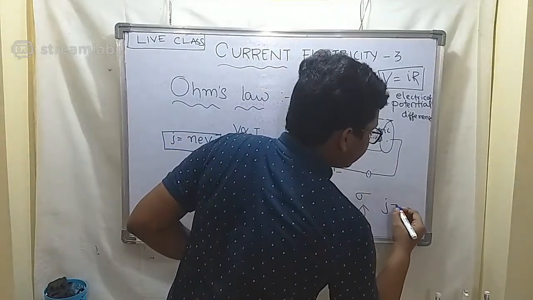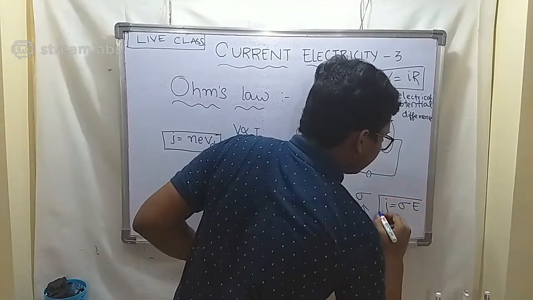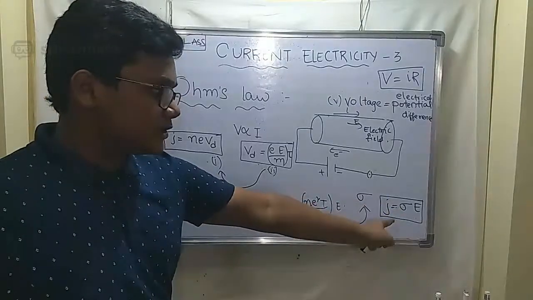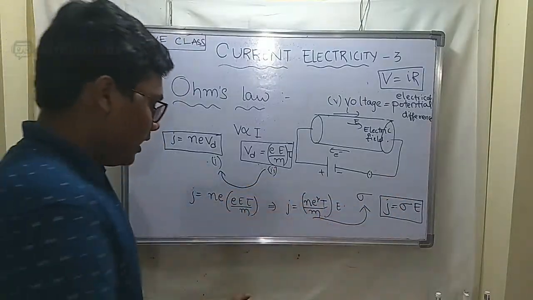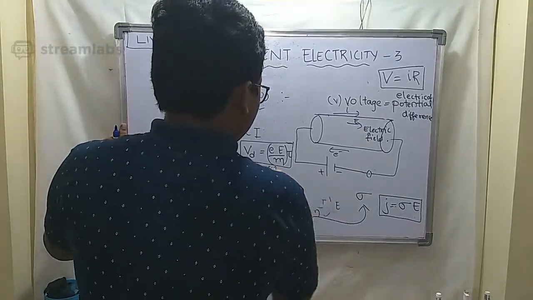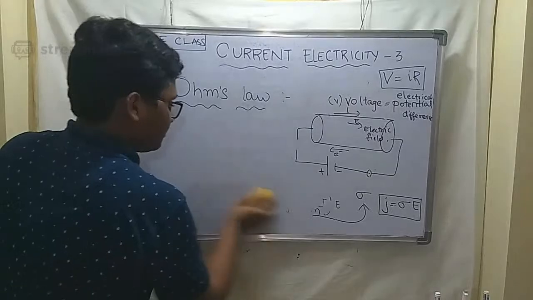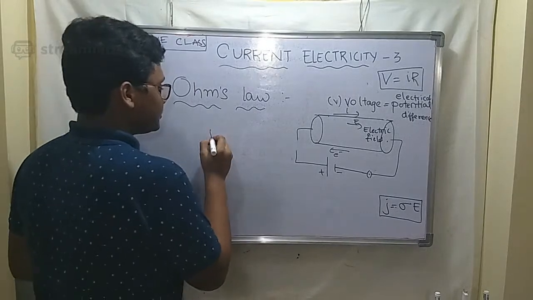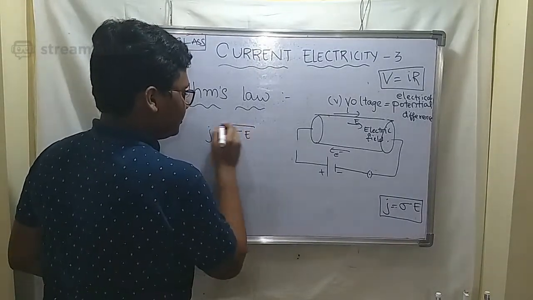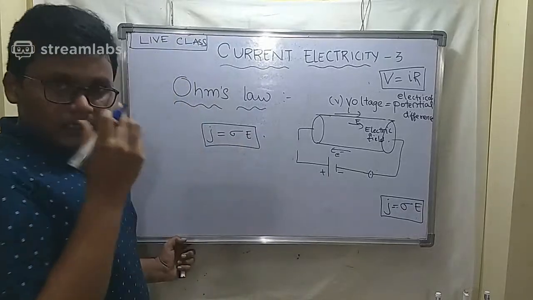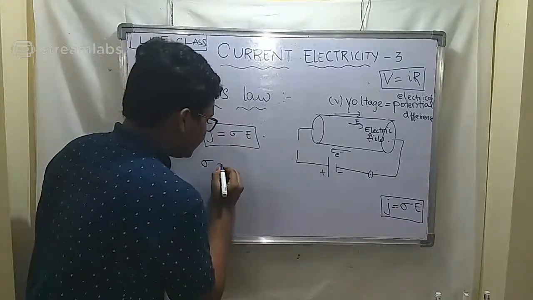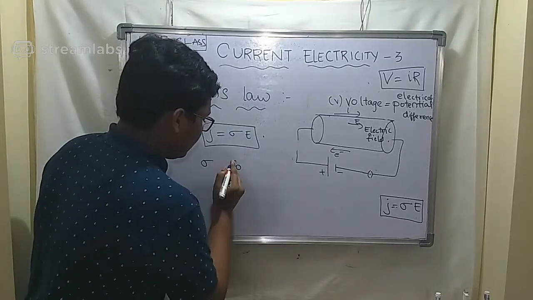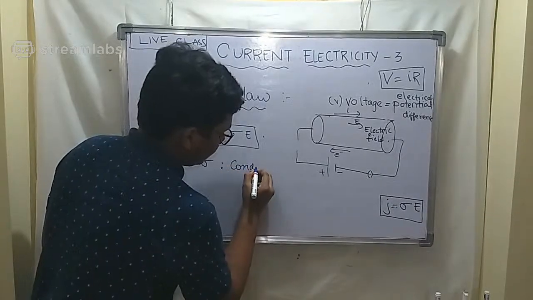J is equal to sigma into E. This is an important one, simple and important: J is equal to sigma into E, and that sigma is the conductivity.